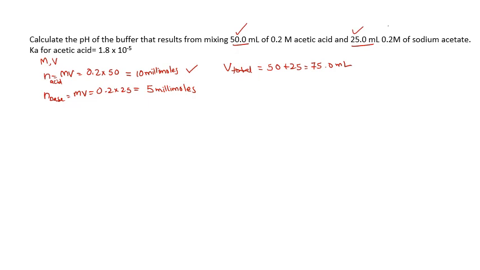So in 75 milliliters, the concentration will be different. Concentration of acid now, we have the moles and we have the volume, so moles divided by 75 equals 0.133, and concentration of base equals 5 divided by 75, that equals 0.066 molar.